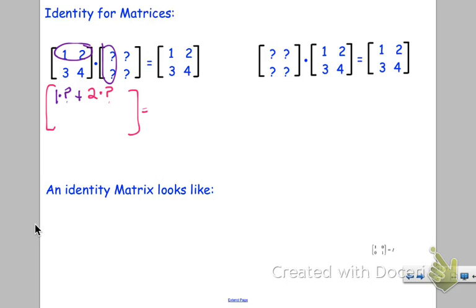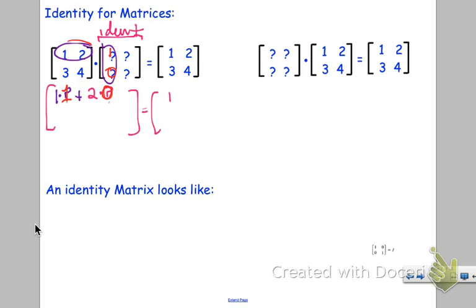And we want this to be an identity. So we want it to do nothing, so we want to just get 1 back. So the only way we can do that is if this were a 1 and that were a 0. So that makes this a 1 and this a 0.